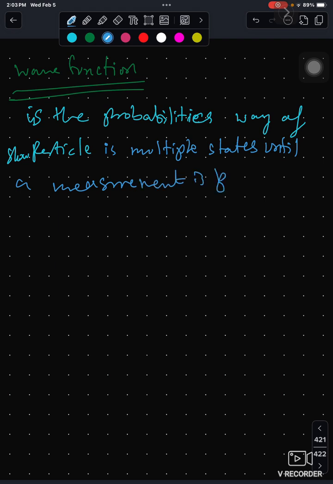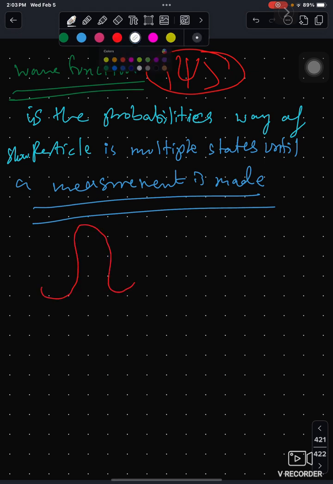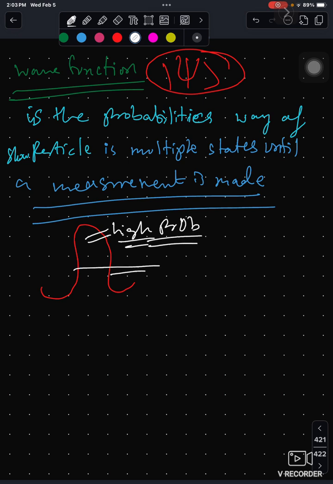Okay, and this is the symbol for the wave function. And yeah, this is how it looks. Here, higher probability, and here, lower probability. Okay, that's it. Thank you.